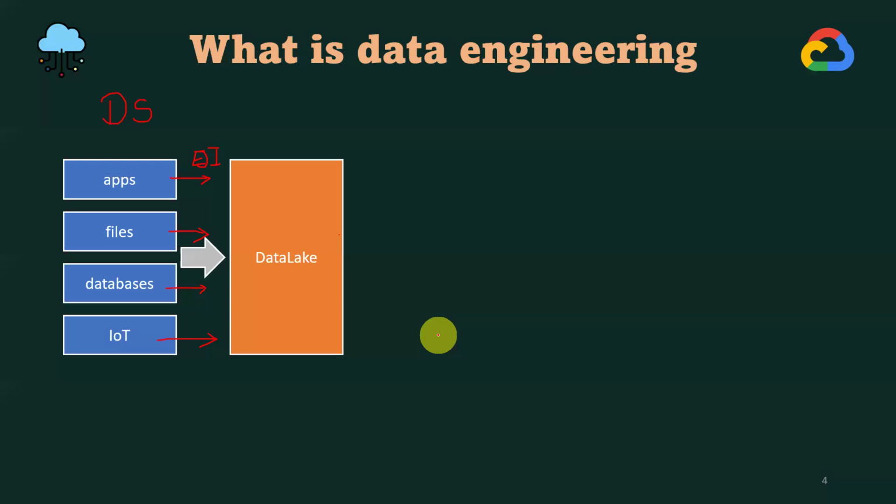A data lake is nothing but a scalable and secure platform to store the entire raw data coming from the data sources. So you are going to extract the data and ingest it into the data lake for storing. This is where you store the data, guys.